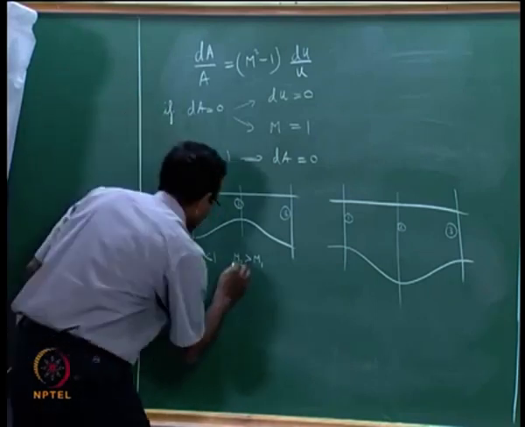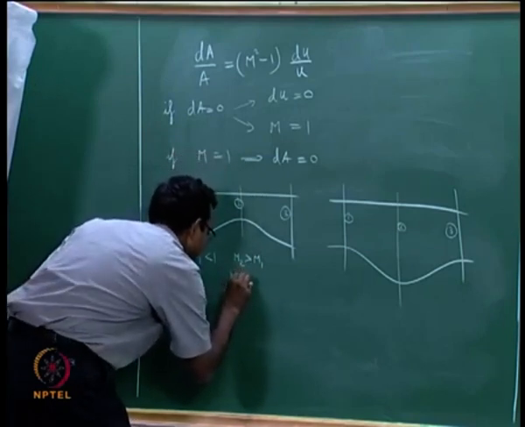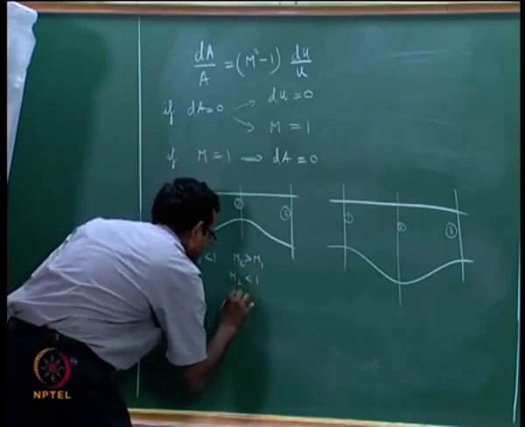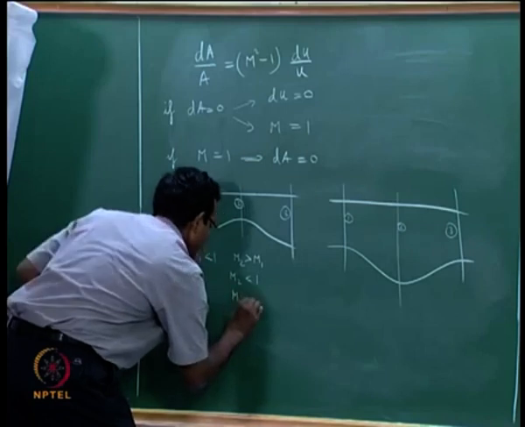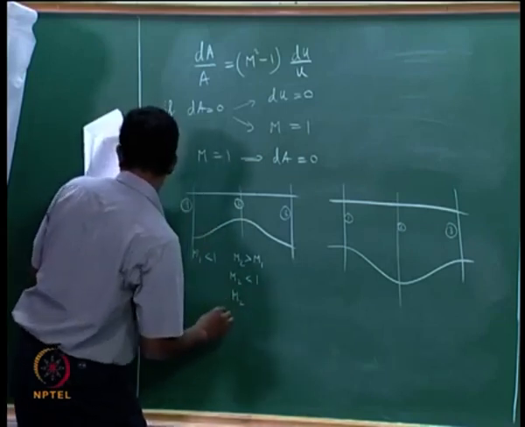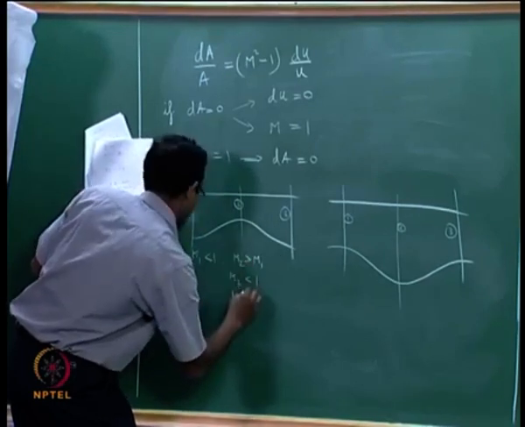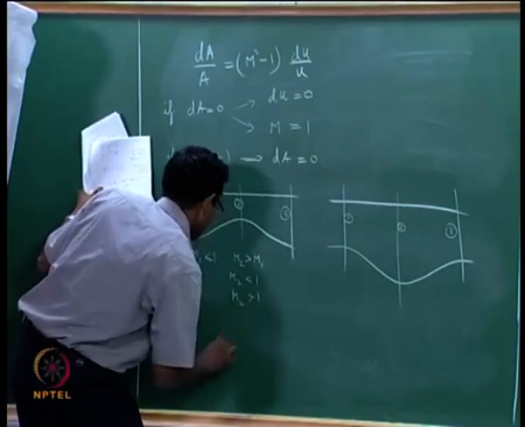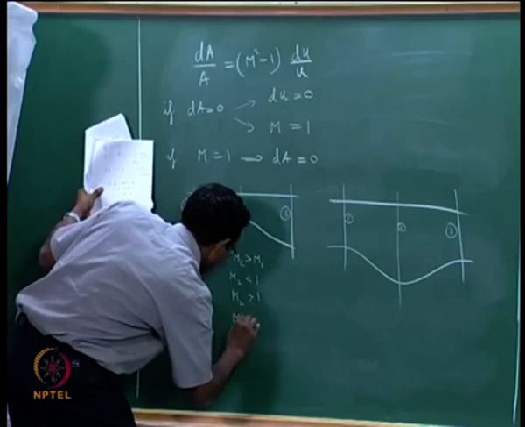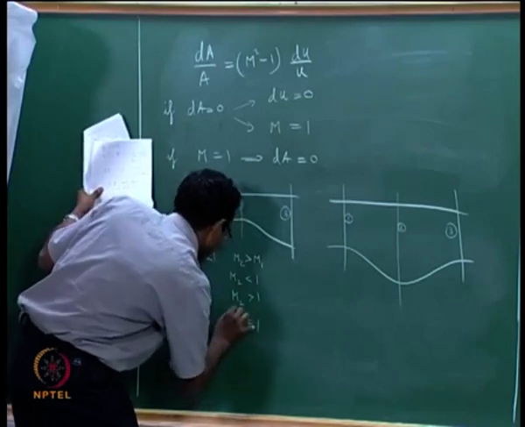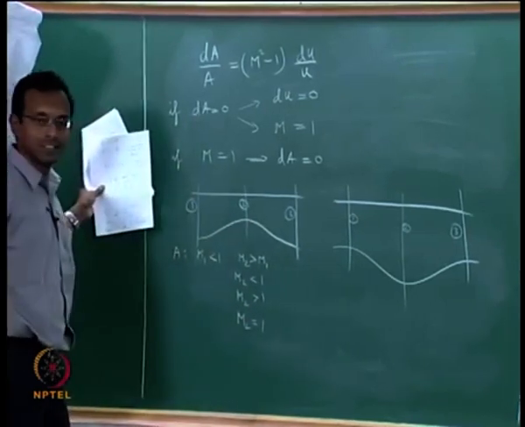I could have two cases. I will say M2 less than 1, and I can also have a case where M2 greater than 1, I can have a case M2 equal to 1, different cases like this.